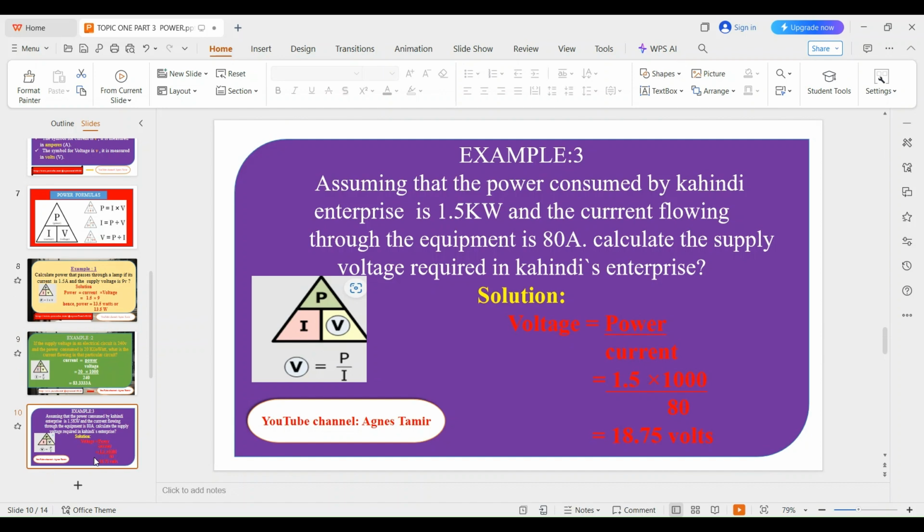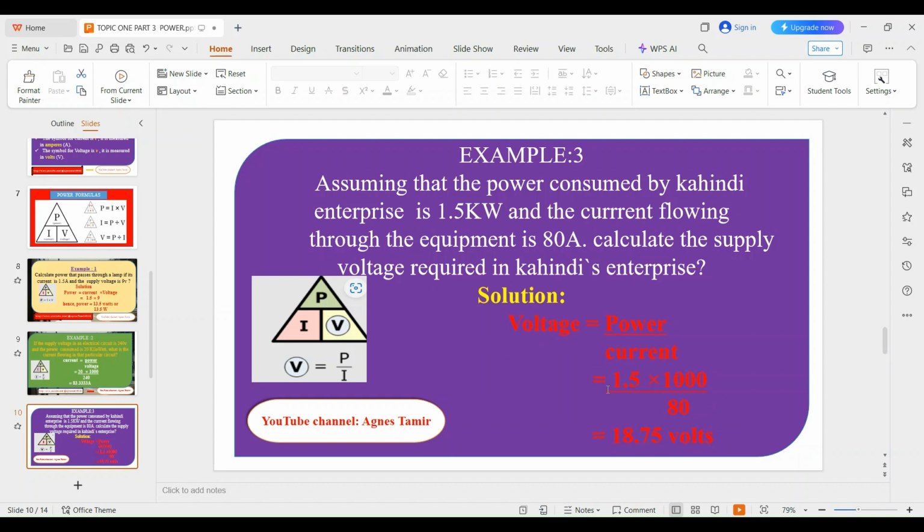Remember, using our power triangle, voltage is given by power divided by current. Our power is given in kilowatts, so we shall take 1.5 multiplied by 1,000, remembering that kilo means 1,000.